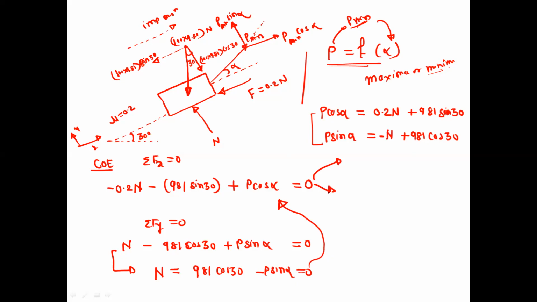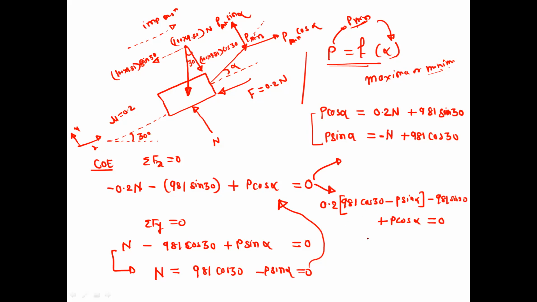So from this equation, we will get 0.2. Now replace the N value by this expression. So it is 981 cos 30 minus P sin alpha, then minus 981 sin 30 plus P cos alpha is equal to 0.